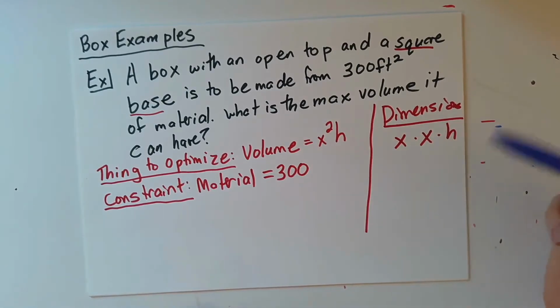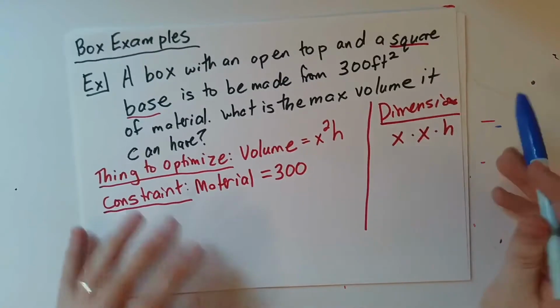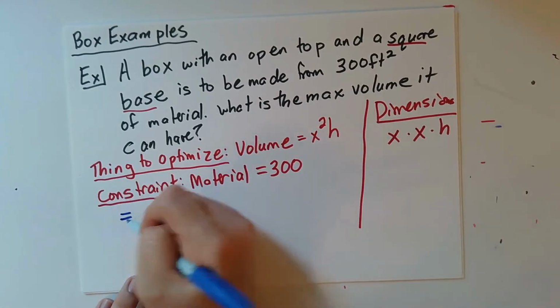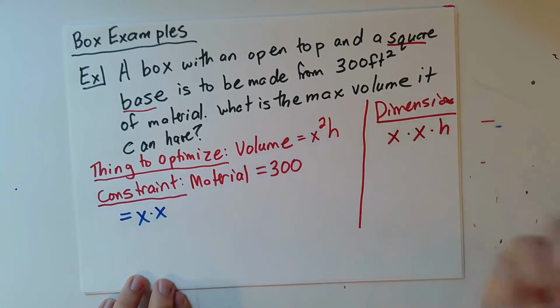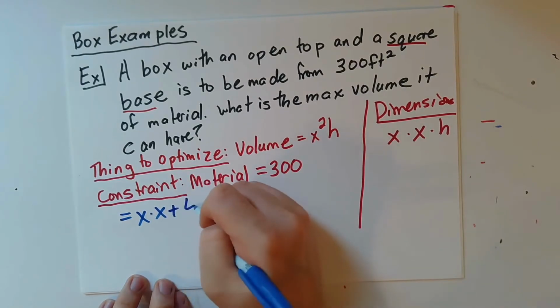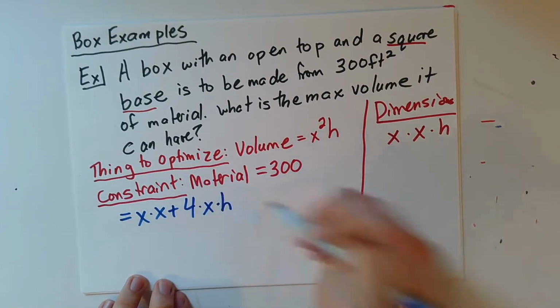Now, the bottom of the box and the sides of the box are rectangles, so I know how to figure out their dimensions. Namely, the bottom is x by x, so when I go to calculate the amount of material, it's going to be x times x. And then all of the sides, they're all x by h, so that is 4 times x times h.